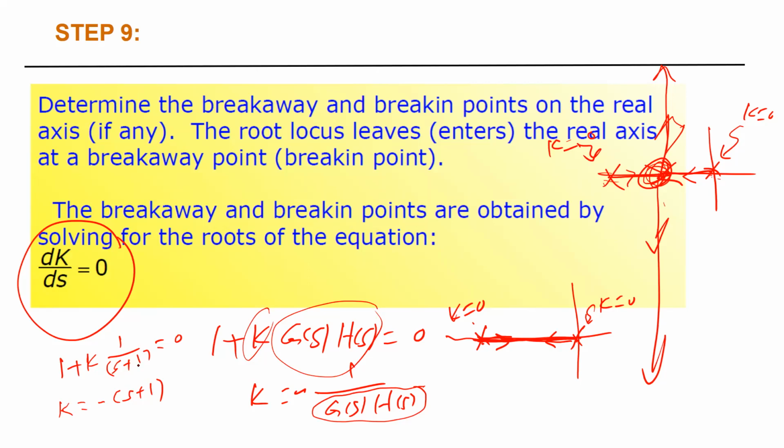This is an equation, cross multiply, so you'll have s plus 1 equal to minus k, plus k equal to 0. This is basically what we are saying. If k equals 0, it means I will start at a pole of the system.